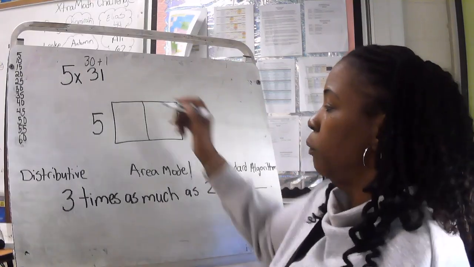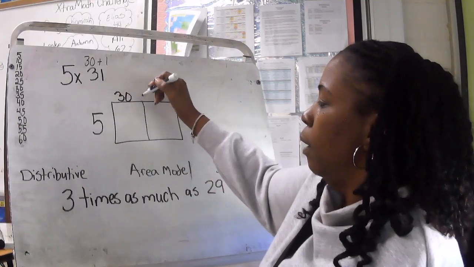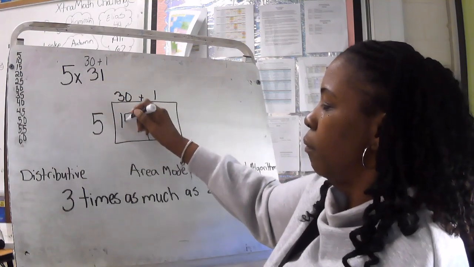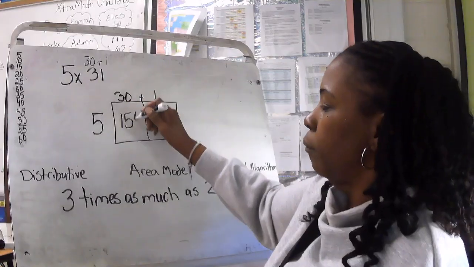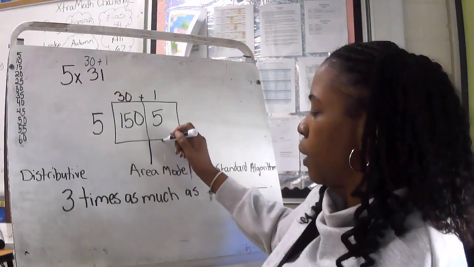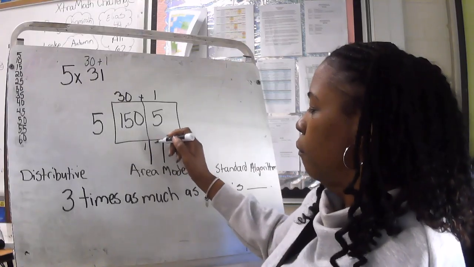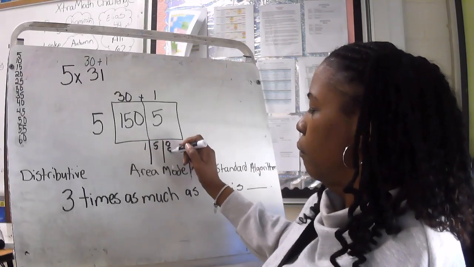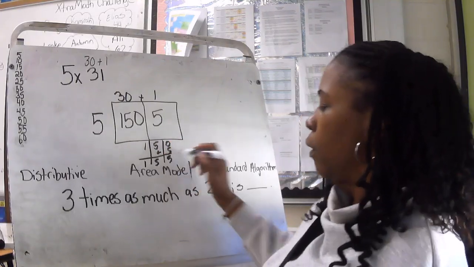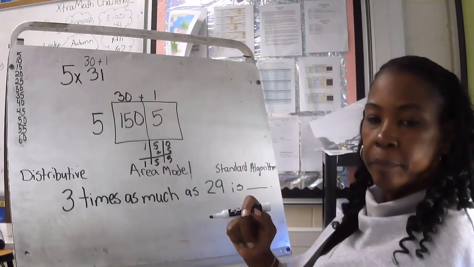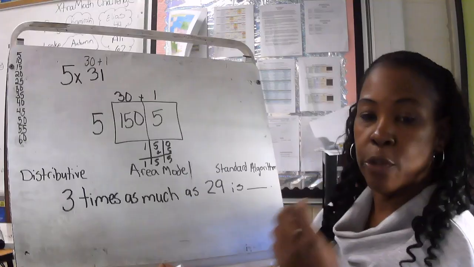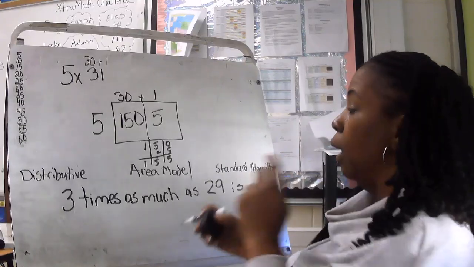And that's 30 plus 1. 5 times 3 is 15. How many zeros? 1. 5 times 1 is 5. And then we're going to add those together. 155.